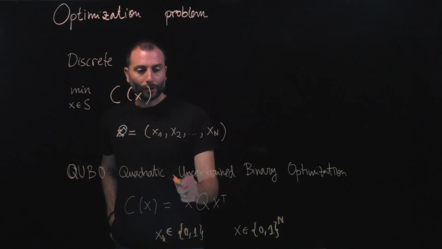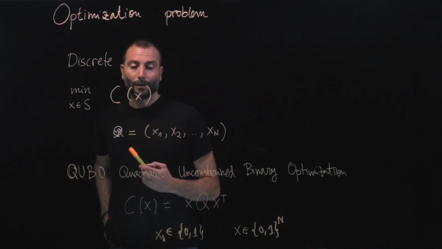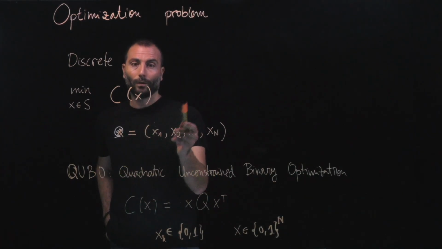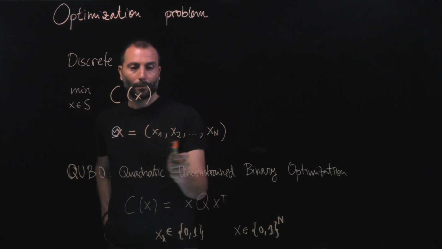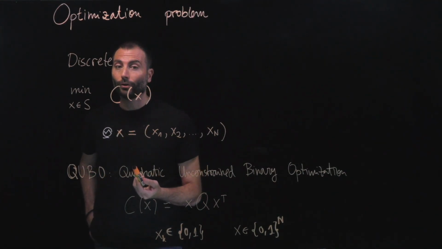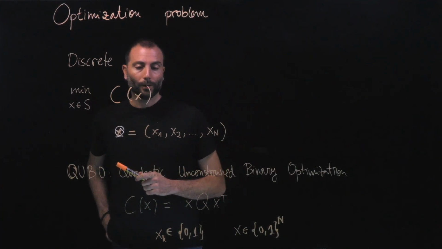I will relax the condition of being unconstrained, because we'll see that when we have a cost function where we want the possible solutions to fulfill some conditions, we can impose that also with a QUBO.